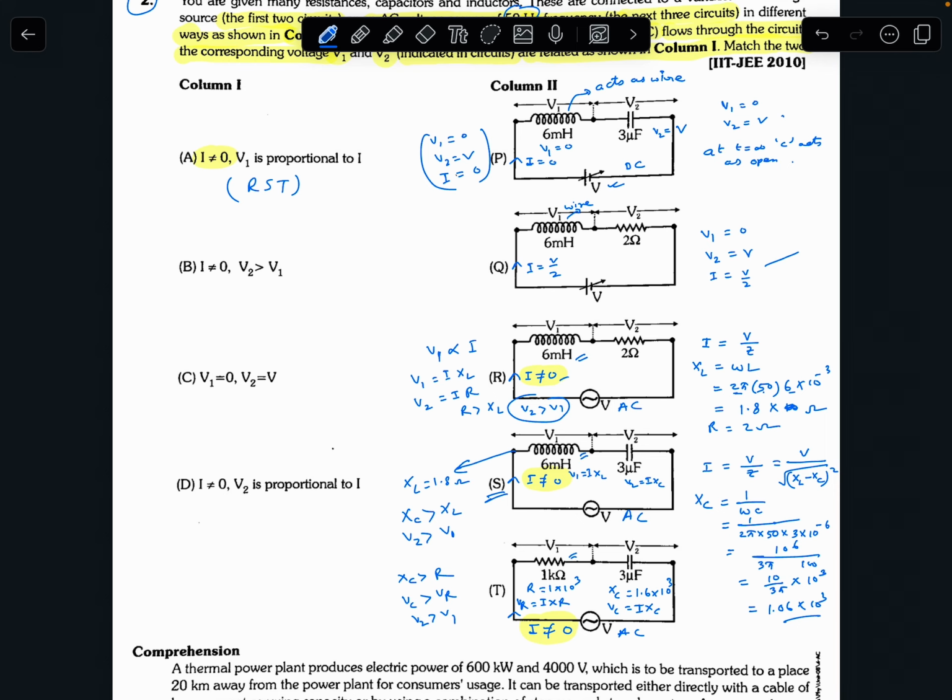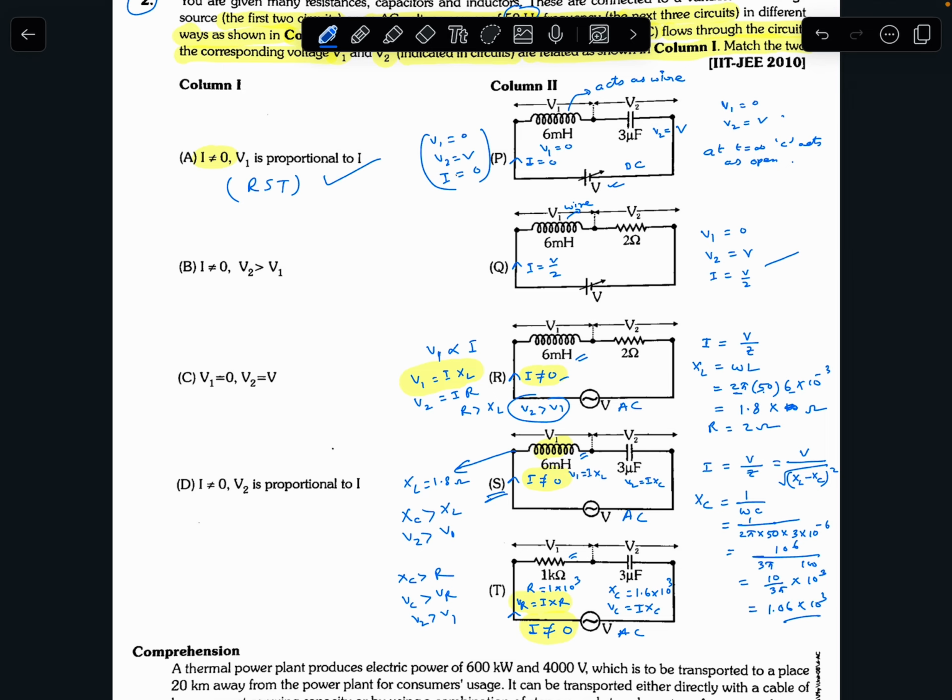So in the first case V equals I into XL. Here also V will be I into XL. Here V is I into R. So V1 is directly proportional to I. That's true. So first one done.